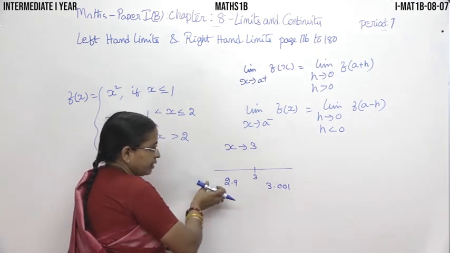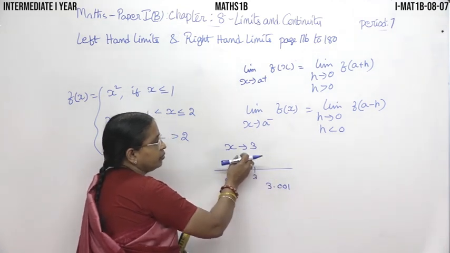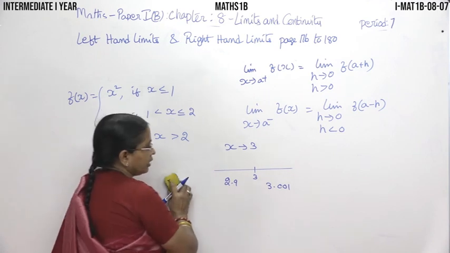So when from left side and from right side it approaches the same value, then we say that the limit value exists.